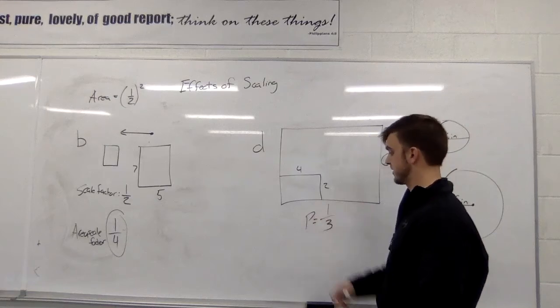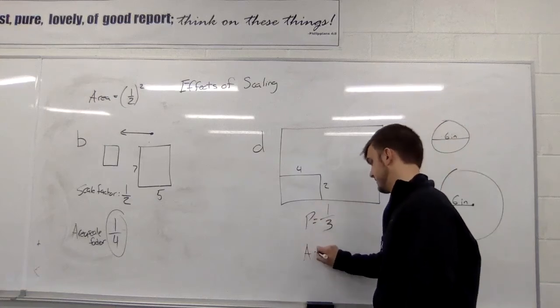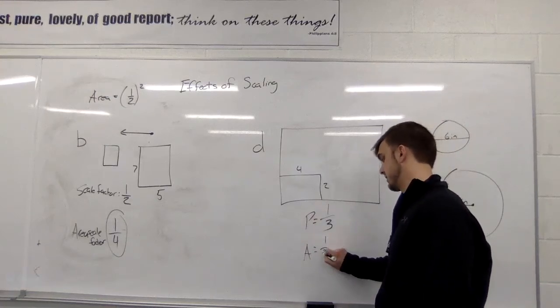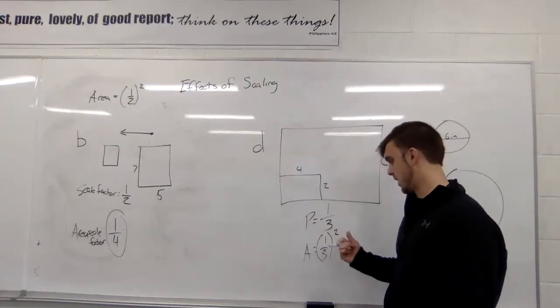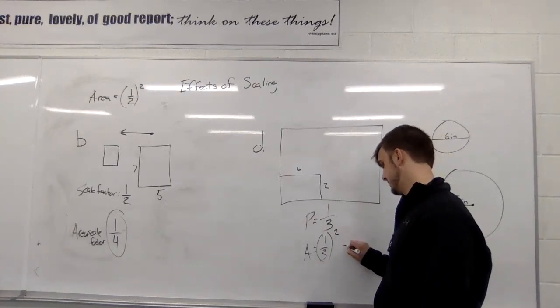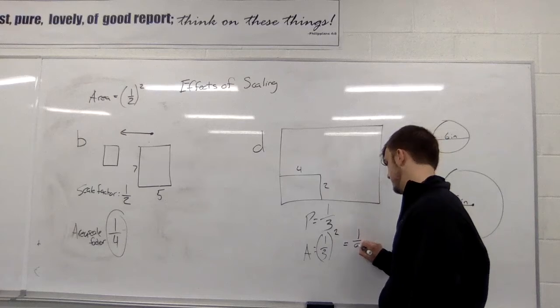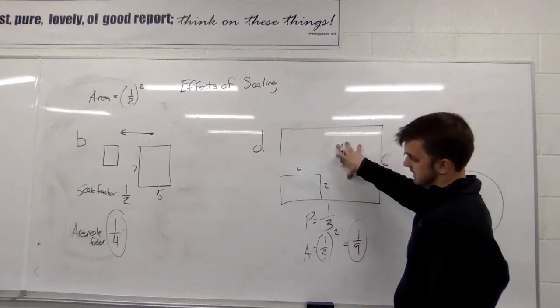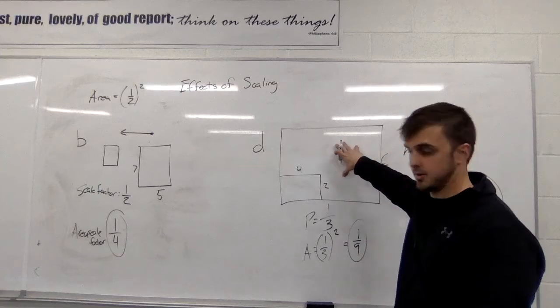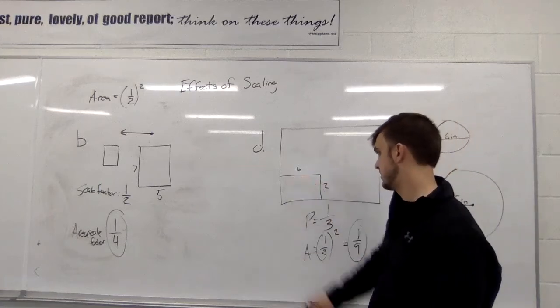The perimeter is 1/3. The area is 1/3, except you have to square it. So that means it's what? It would be 1/9. So in order to figure this out, you would figure out the big rectangle's area multiplied by 1/9, and that would get you the smaller one.